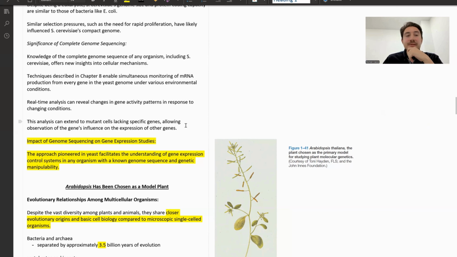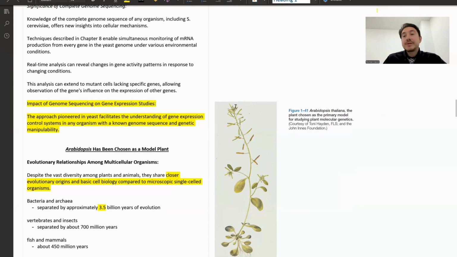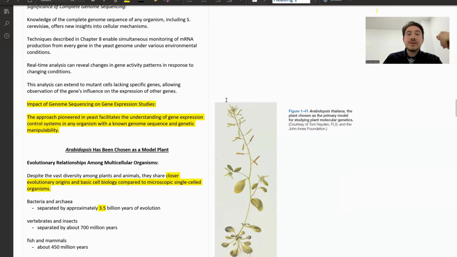So, significance of complete genome sequencing. Knowledge of a complete genome sequence of any organism, including yeast, offers new insights into cellular mechanisms, just as I mentioned before. We're going to see techniques a lot later in chapter 8 and beyond that enable simultaneous monitoring of mRNA production from every gene in the yeast genome under various conditions.